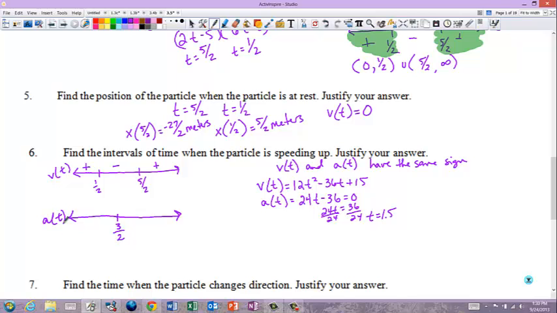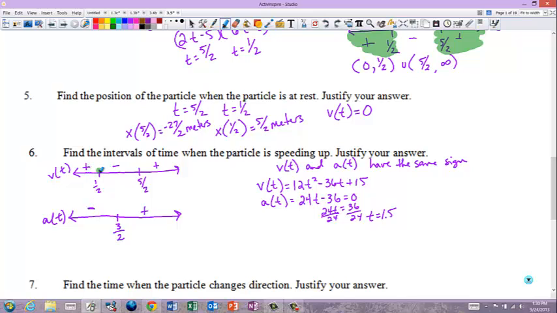And I pick a number less than 3 halves, 0, and I fill it in. 24 times 0 is 0, minus 36 is negative, bigger than 5. 24 times 5 is bigger than 36, so that's positive. So where are the signs the same? Well, it's positive and negative.